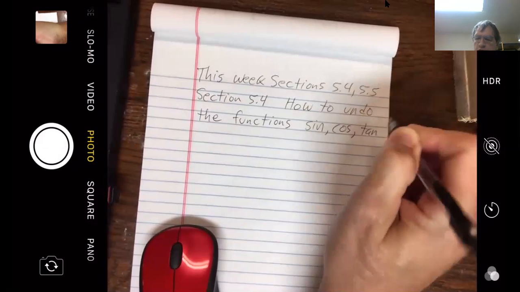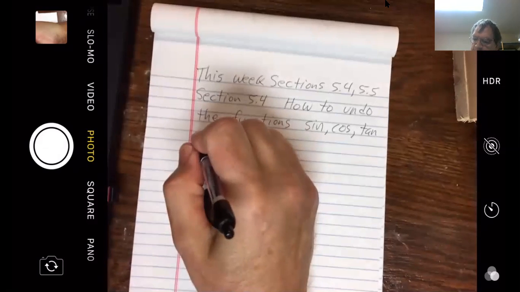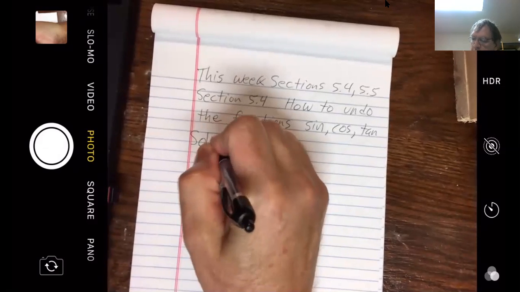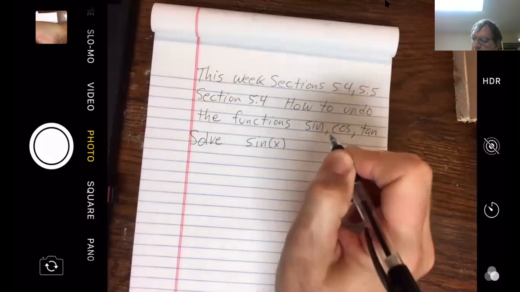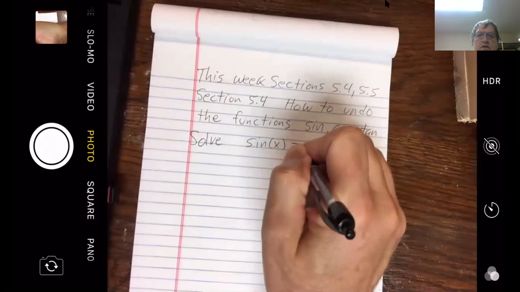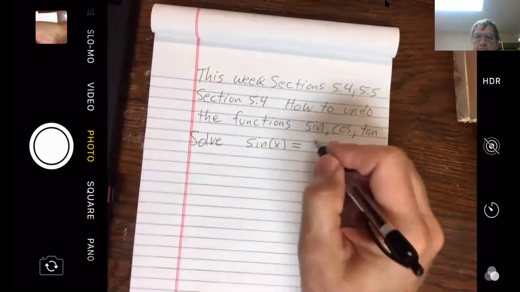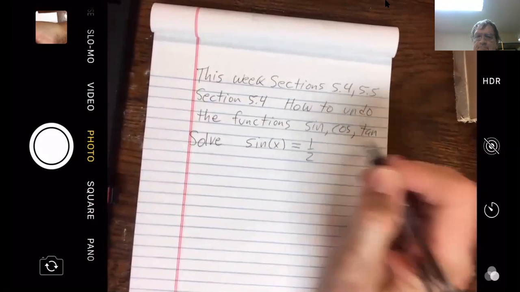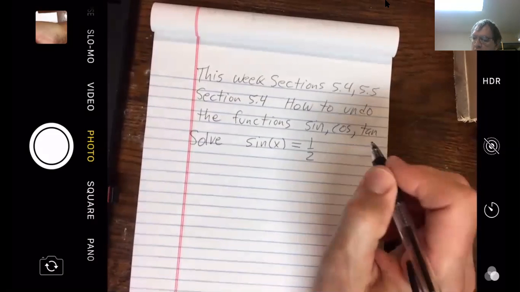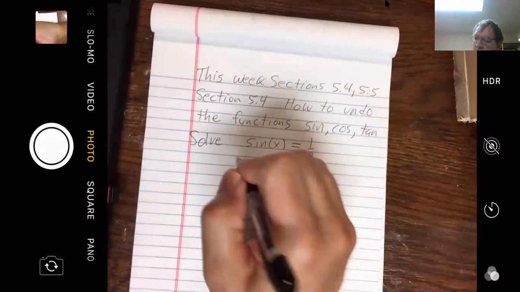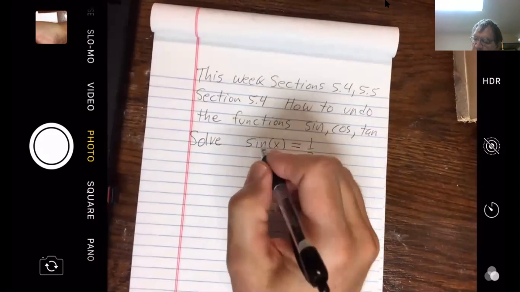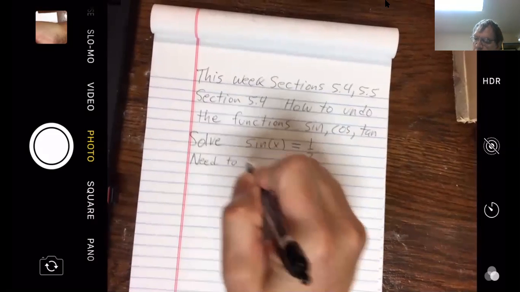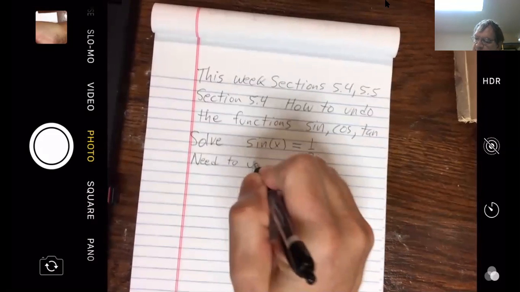So this comes up when you want to solve sine x equals a half. And so what happens is you need to undo sine.